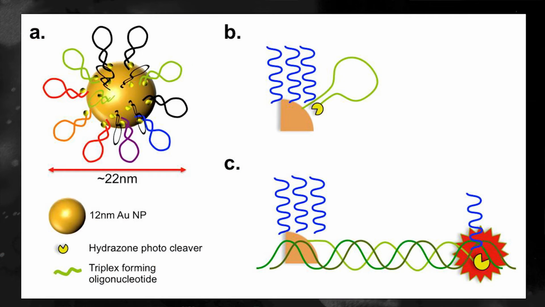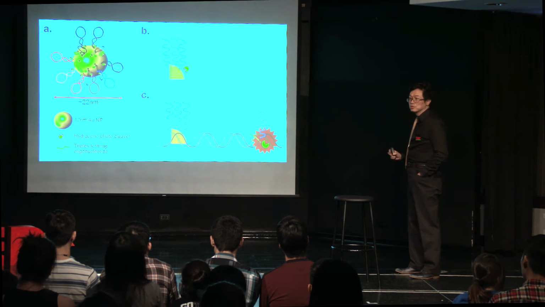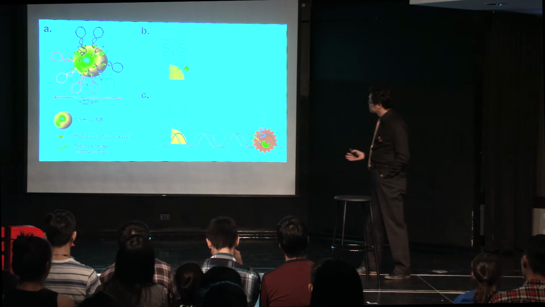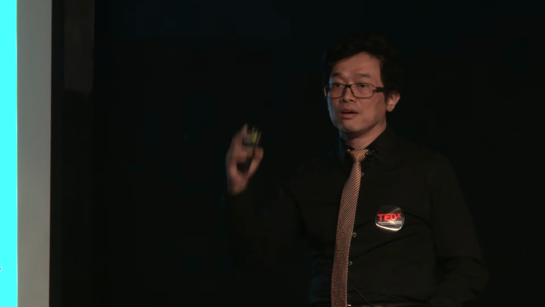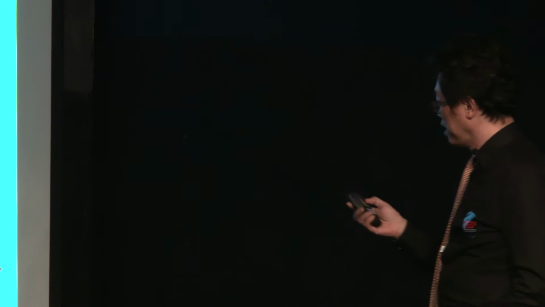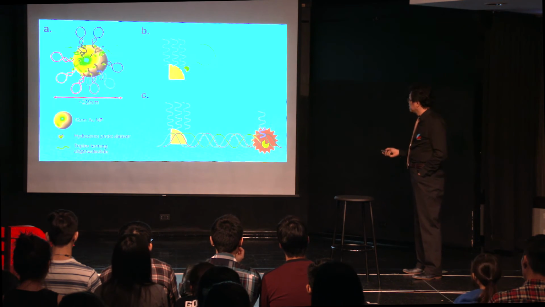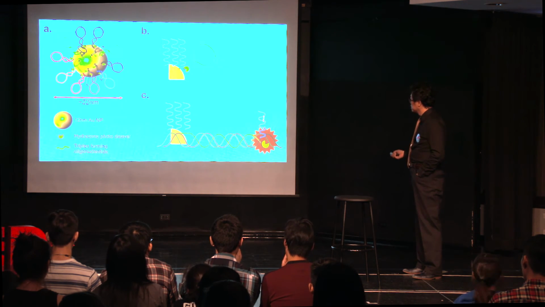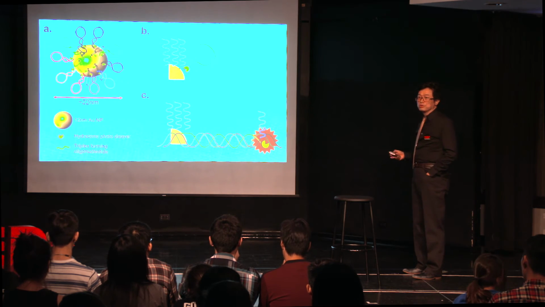This particle has a third-strand DNA designed to recognize a specific gene sequence. In our design, we can even recognize 30 base pairs, which gives you 4 to the 30th specificity.